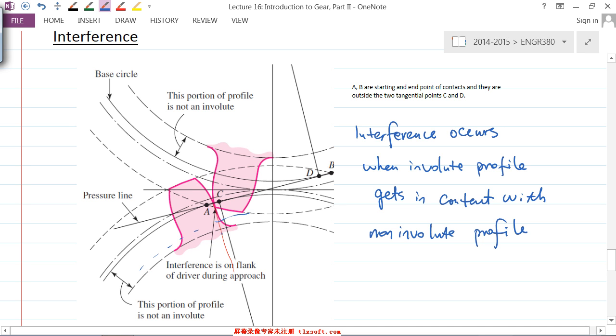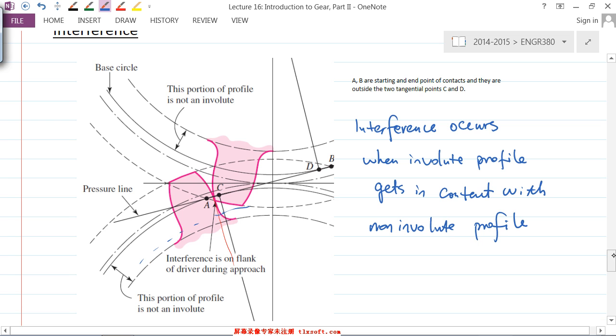So the occurrence of interference basically means that if there's any chance that, for example, this gear's involute started to engage into this non-involute portion, then you have this interference. That's what happens.